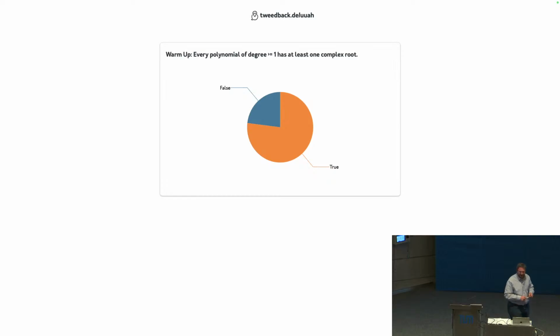Second question, shouldn't be too complex either. Every matrix has at least one eigenvalue, either real or complex. Is that true or false?